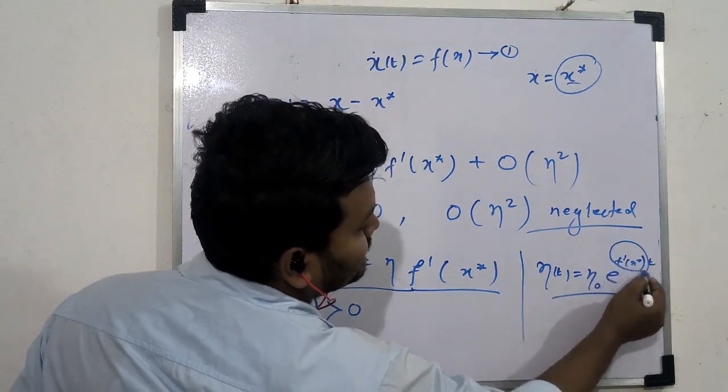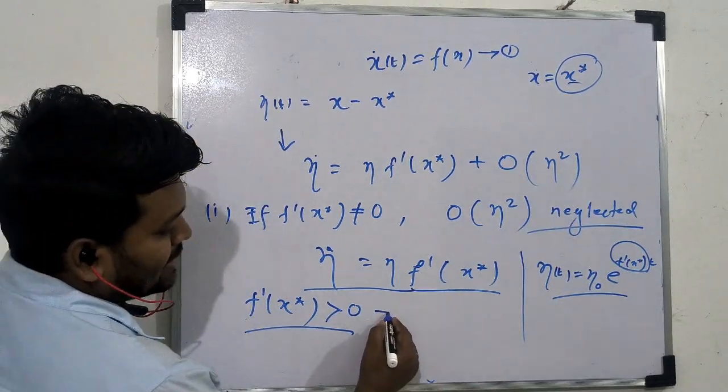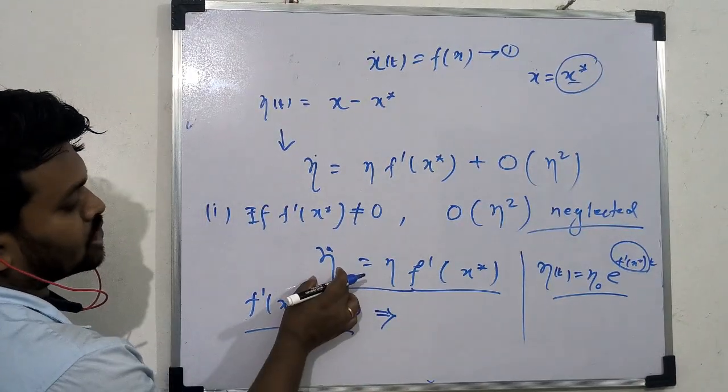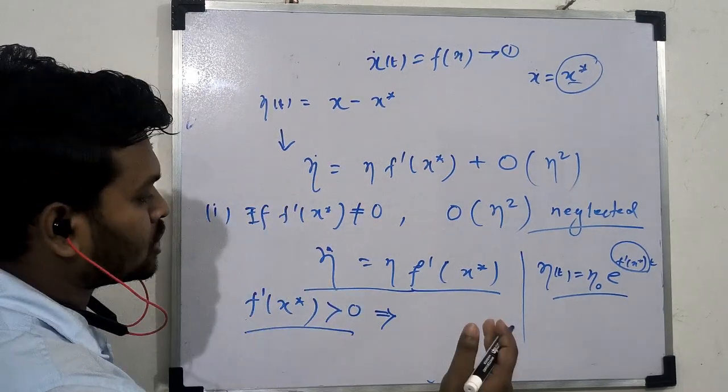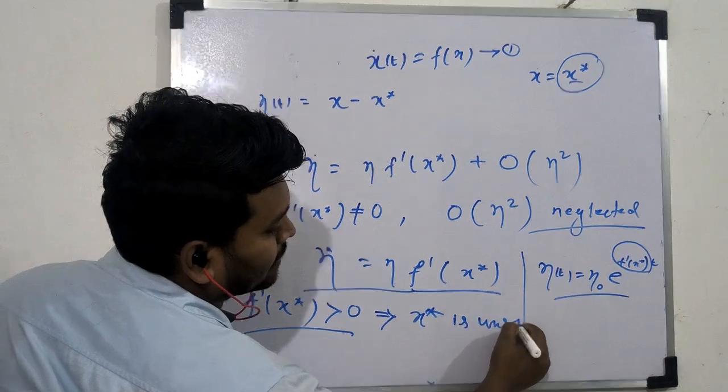So whenever this is greater than 0, this will exponentially grow. So this implies that this perturbation will exponentially grow. That means that x star is unstable.